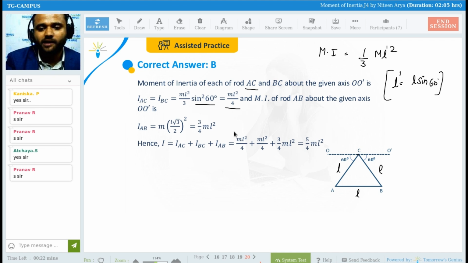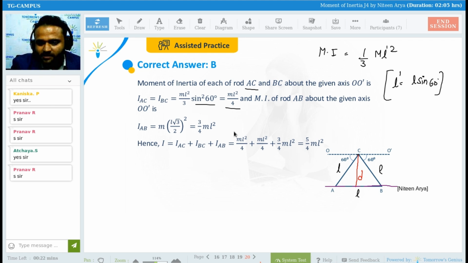And the moment of inertia about rod AB: AB is parallel to this axis, and the perpendicular distance is the median, root 3 L by 2. I don't want the moment of inertia around the center-of-mass axis, but around this axis.